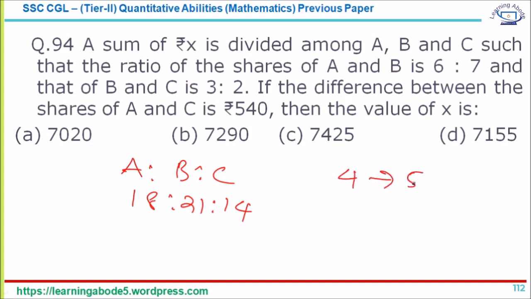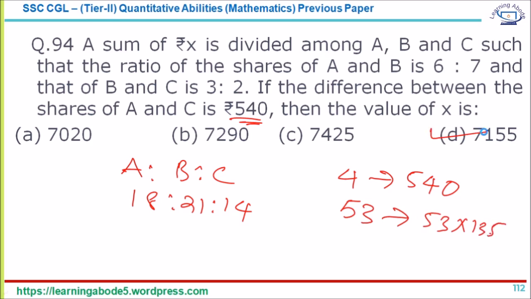If 4 parts is 540, that's given here, then 1 part is 135. The full value is 35 plus 18, that's 53 parts. 53 into 135 is 7155.